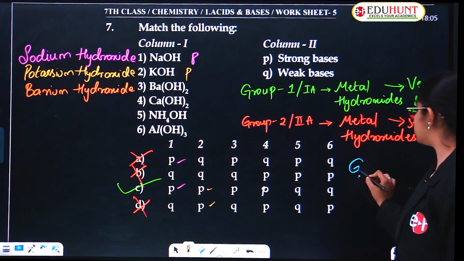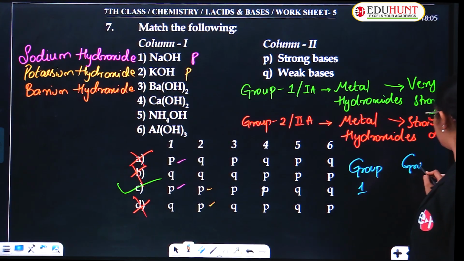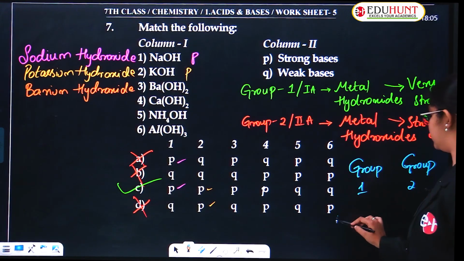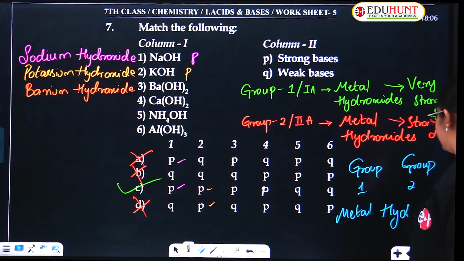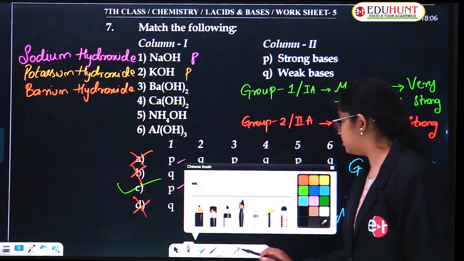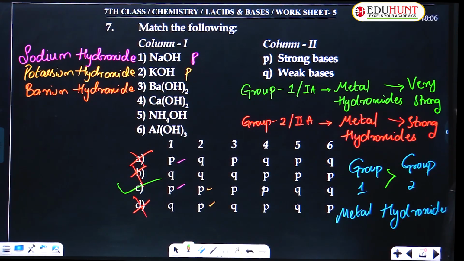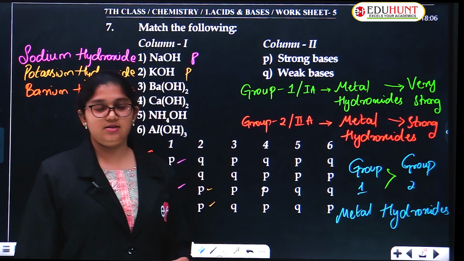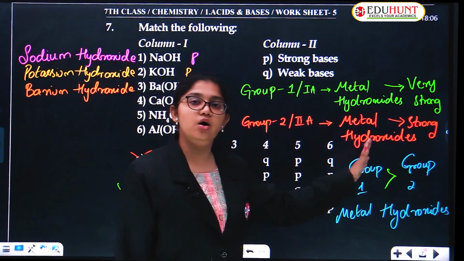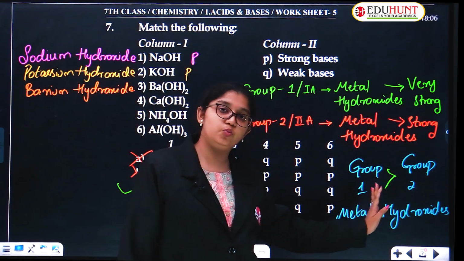We have two groups, group 1 metal hydroxides and group 2 metal hydroxides. Both are strong bases, but comparatively group 1 is stronger than group 2.